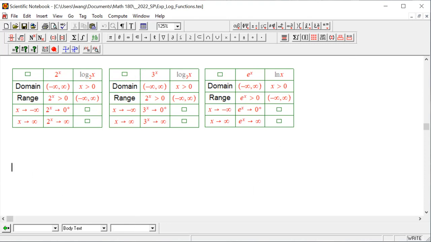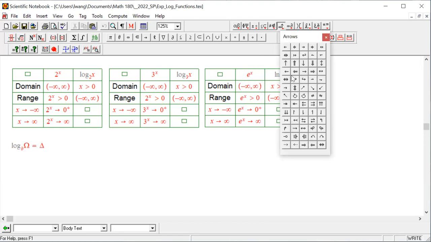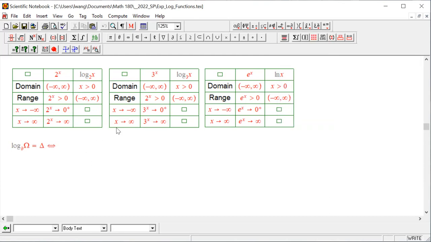All of these obey the same relationship, which is log base b of the square equals the triangle. And this comes to the definition of logarithm, which is base b to the power of the triangle should equal the square. They're all in this relationship.